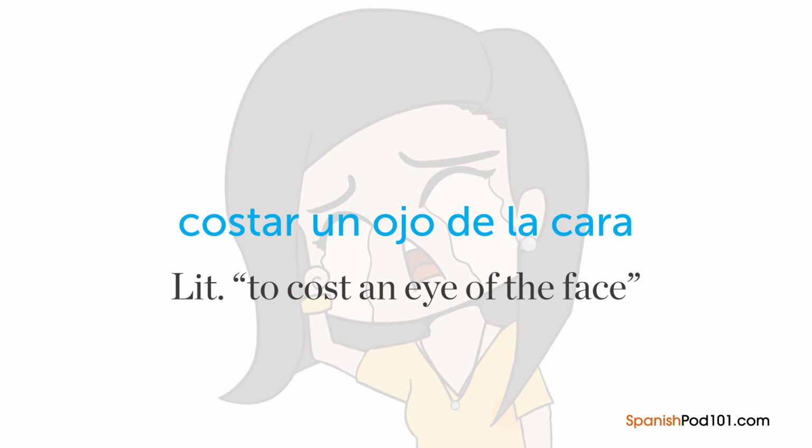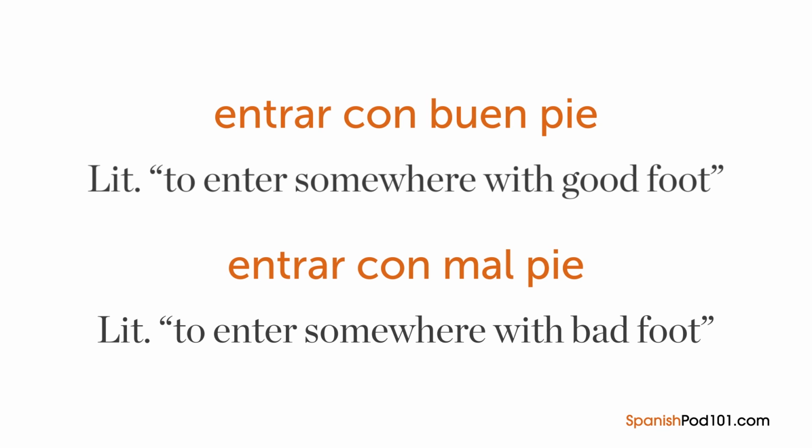Another one would be costar un ojo de la cara, meaning to cost an eye of the face. This means to pay a lot of money for something or that something is very expensive. Please note that these expressions often use the singular ojo, eye, instead of ojos, eyes.